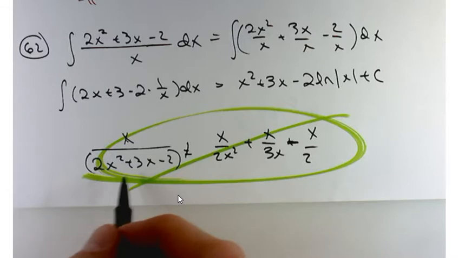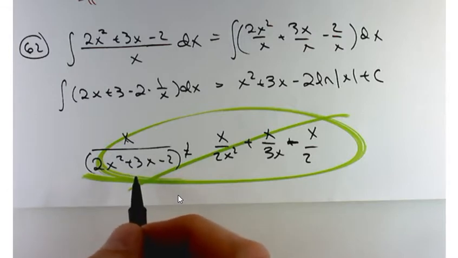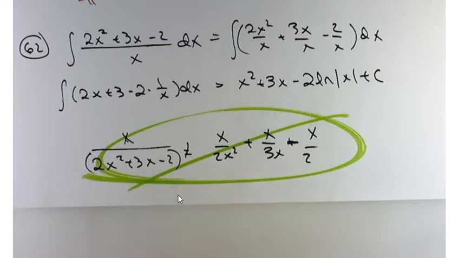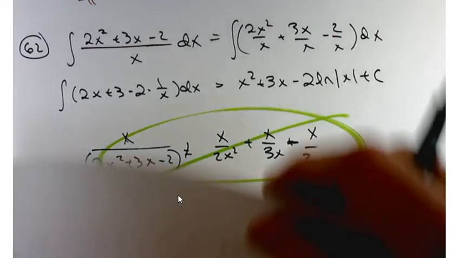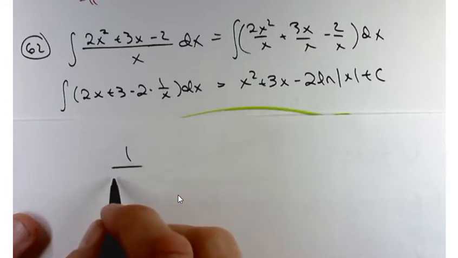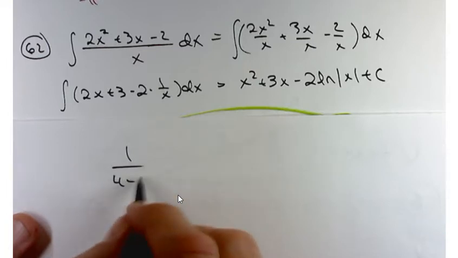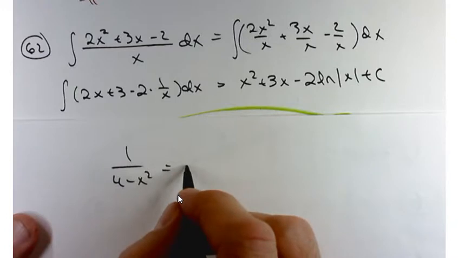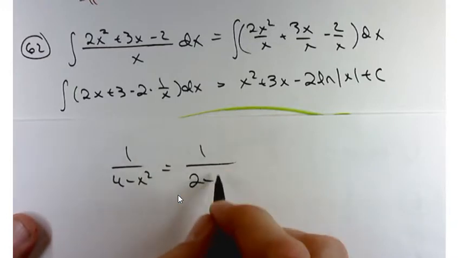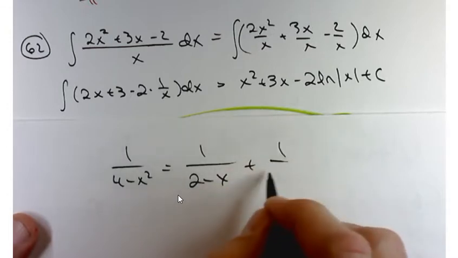Well, one of the ways is with partial fractions, and we'll get that in like section 8.4. So basically, with partial fractions, what you're going to do is try and break things up. If I had, say, 1 over 4 minus x squared, I could break that up maybe into 1 over 2 minus x plus 1 over 2 plus x.